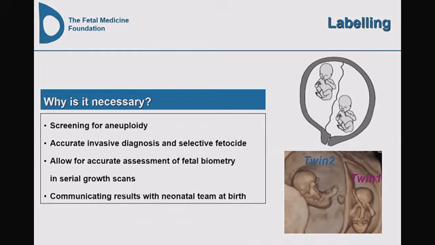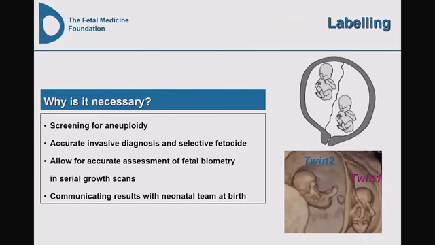Also, in the subsequent follow-up of a twin pregnancy, to follow the growth of the two fetuses, we need to start from the very beginning, as early as the first trimester, to identify twin 1 and twin 2, and also to communicate later with the neonatal team.